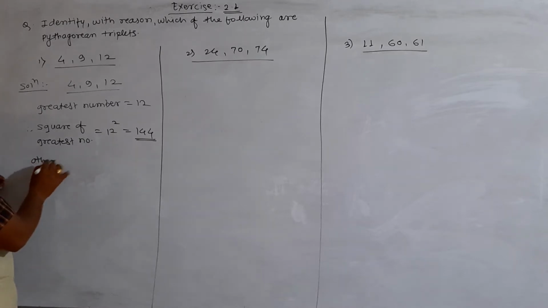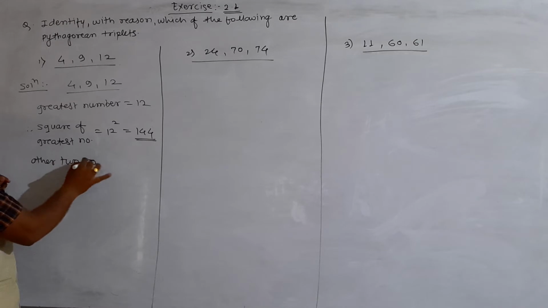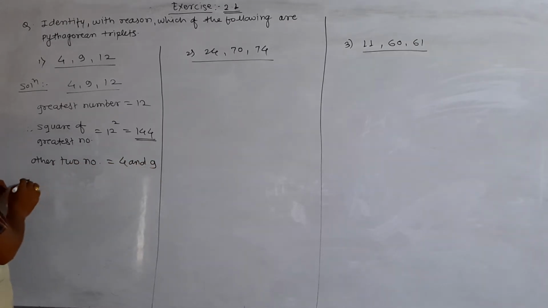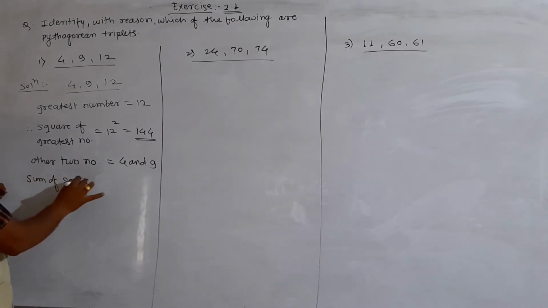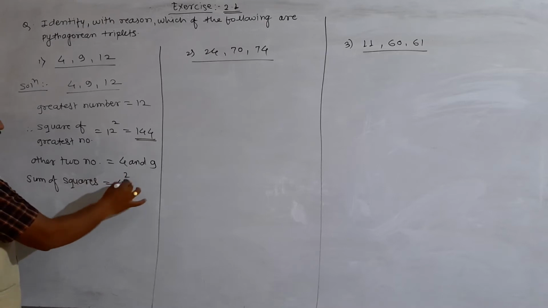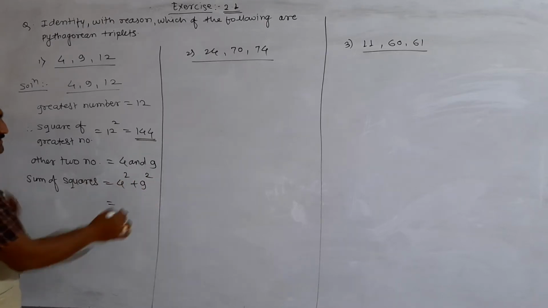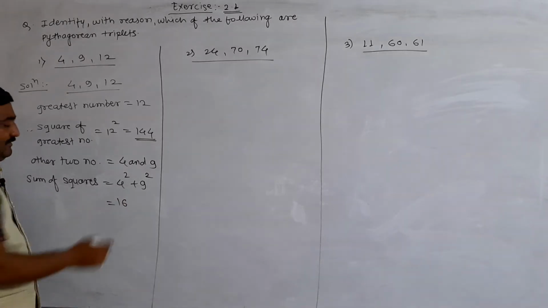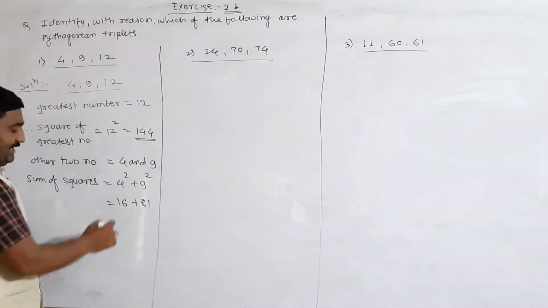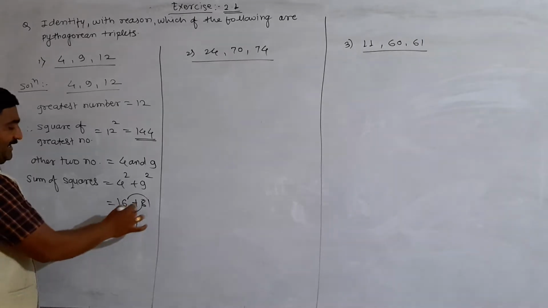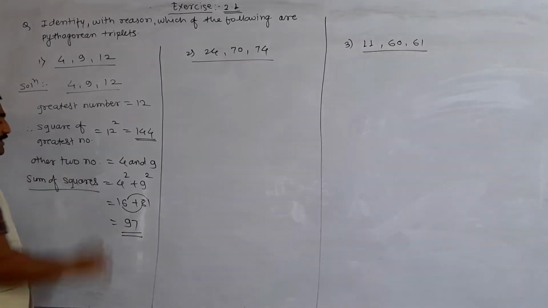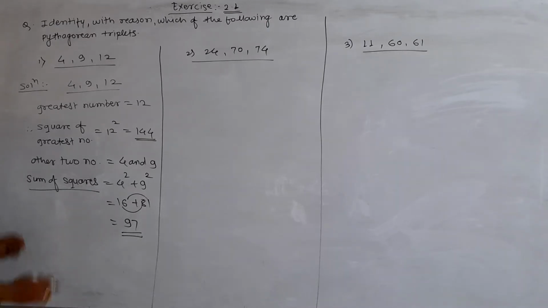Now the other two numbers are 4 and 9, so the sum of squares is 4 square plus 9 square. Remember that 4 square is 16, 9 square is 81, so the sum of squares of the other two numbers is 97.